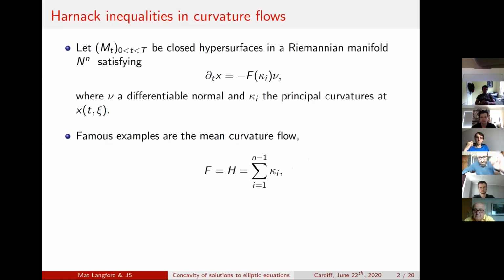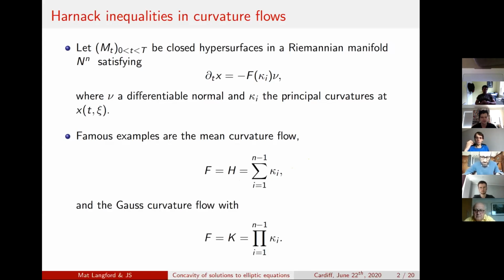Let me just give you a nonlinear example 2, which is given by the Gauss curvature, where you just take the determinant of the Weingarten operator, or the product of the principal curvatures. And this function is usually denoted by K. Note that in arbitrary ambient manifolds, this does not coincide in general with the intrinsic Gauss curvature of the surface, like in Euclidean space, where these notions are the same.